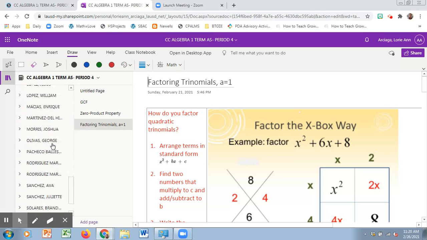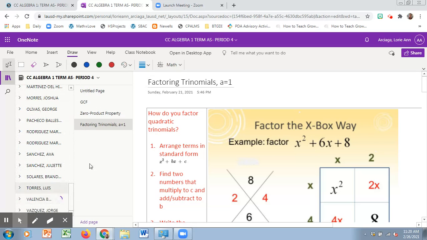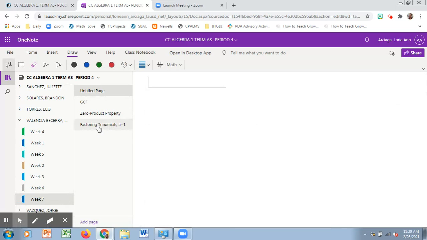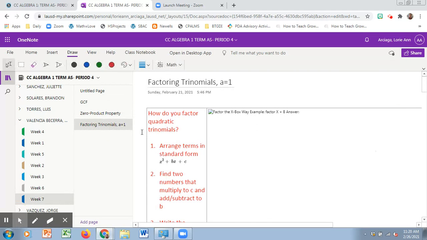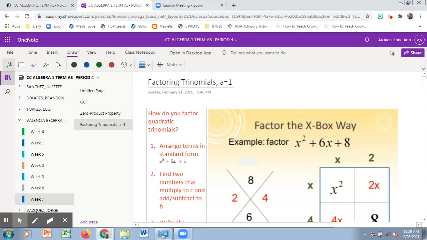Let me check your notebook, Valerie. Give me 1 second. I can see that you do have a week 7, and I can also see that you have factoring trinomials, honey. Did you find it?